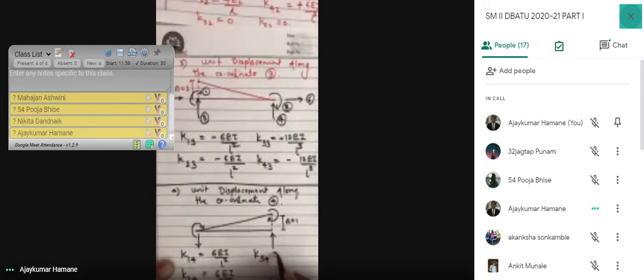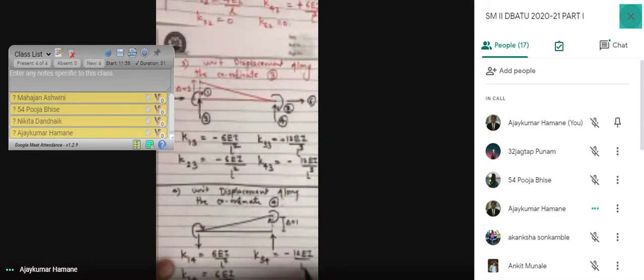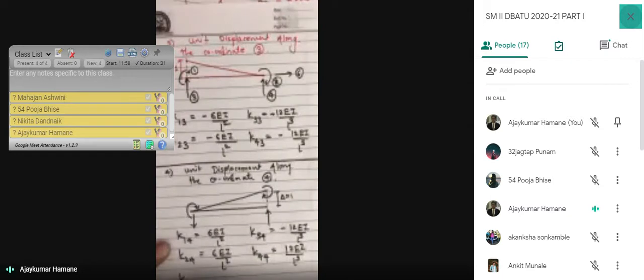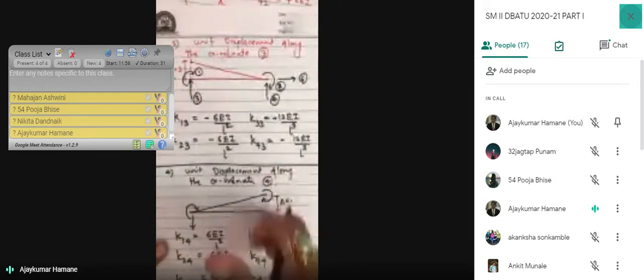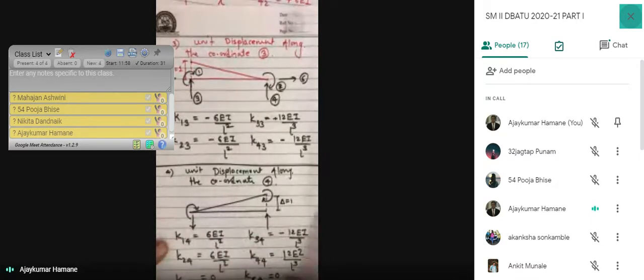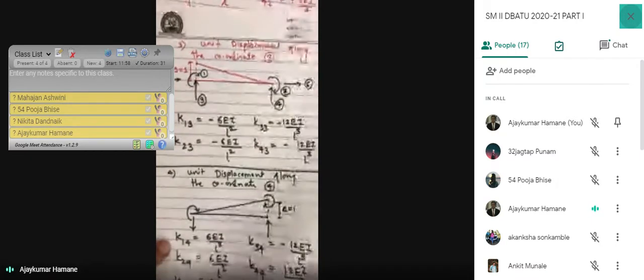K34 is in the downward direction, minus 12EI by L cube. K44 positive 12EI by L cube, and K54 equals 0, K64 equals 0. Because when we apply the displacement along the vertical direction, there is no effect on the axial direction. There is no force developed in the axial direction.